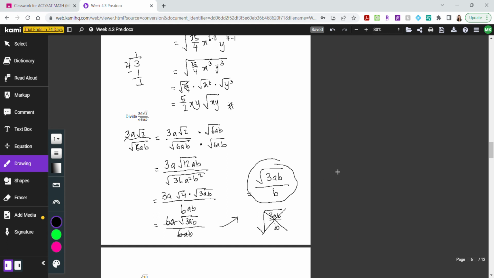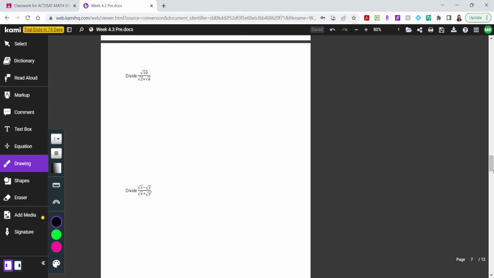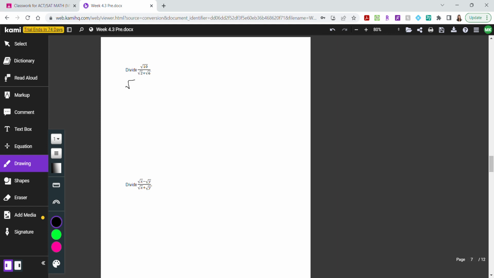Now, the next thing we are going to do is still dividing radicals, but this time it's a little bit different from the one that we just did above. Now, if we look here, our bottom is 2 radicals with a plus sign here.